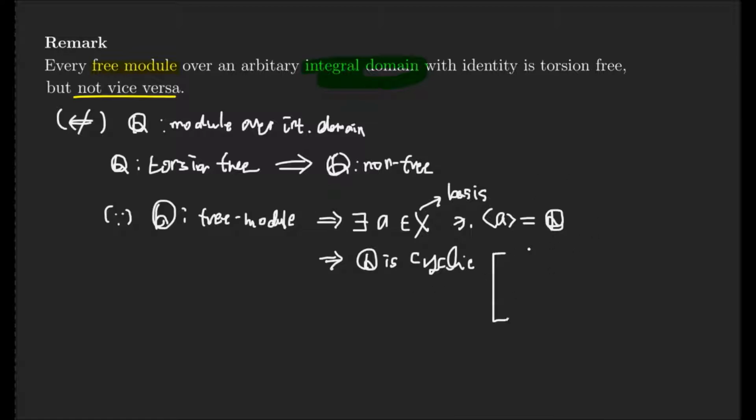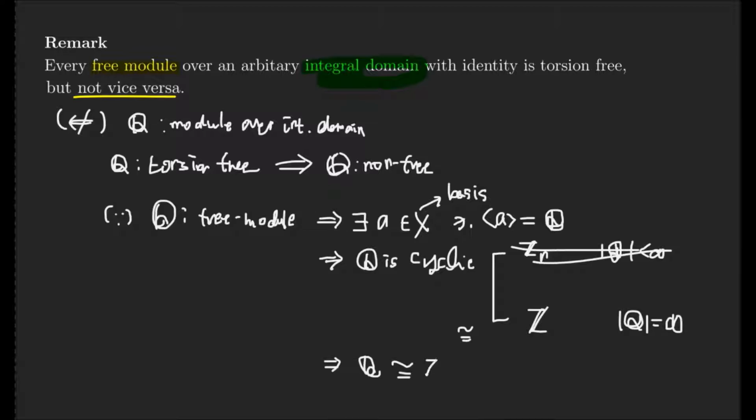A cyclic group is finite if the element is finite, but this is clearly not finite. This is clearly isomorphic to the integers, because the order is infinite. But this is a contradiction: the rational numbers are not isomorphic to the integers. So this is not a free module.